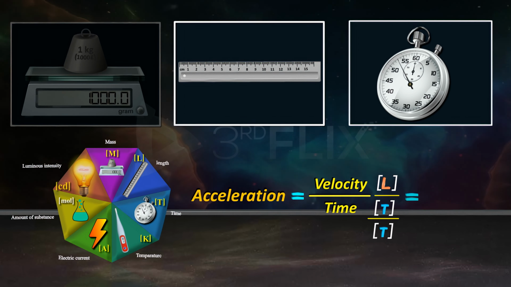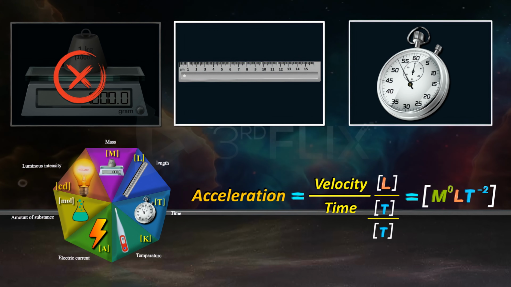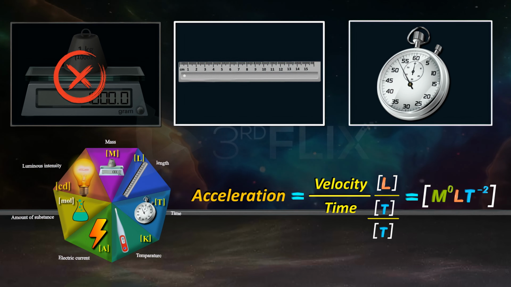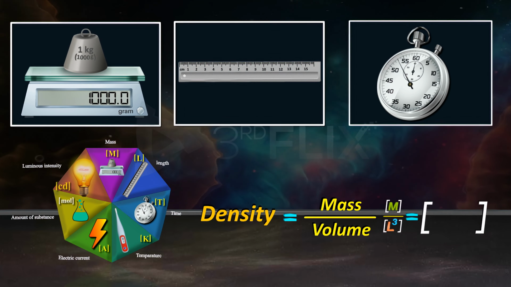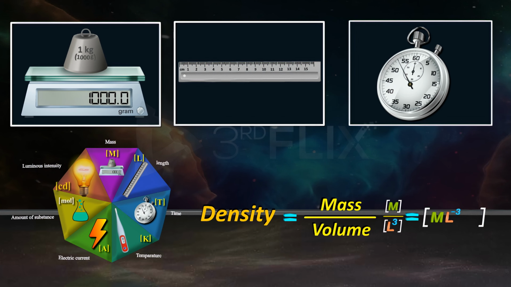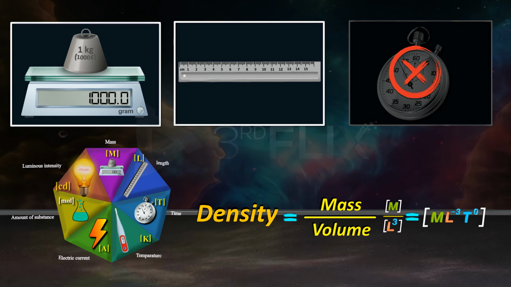Similarly, M power 0 L T power minus 2 represents the dimensional formula of acceleration. M L raised to minus 3 T power 0 is the dimensional formula of density.